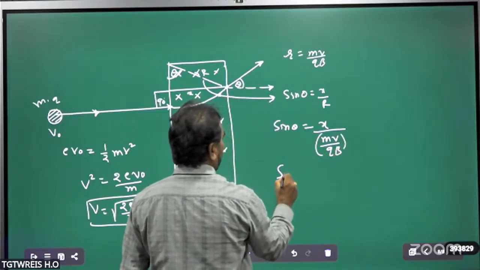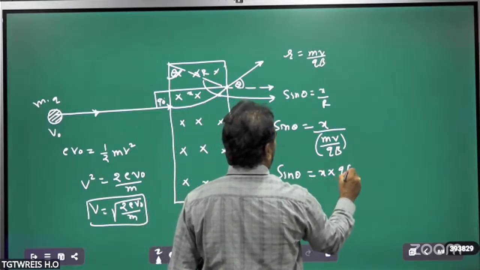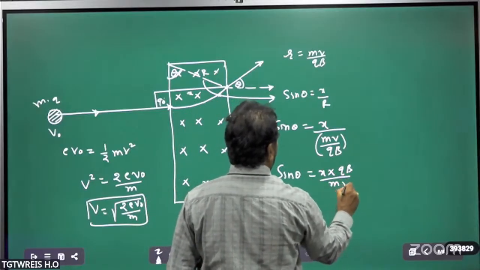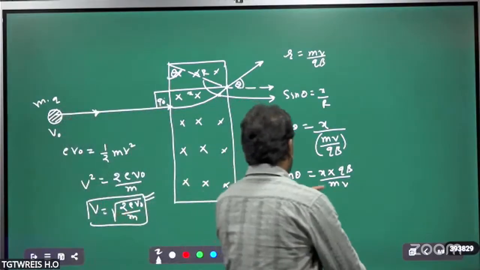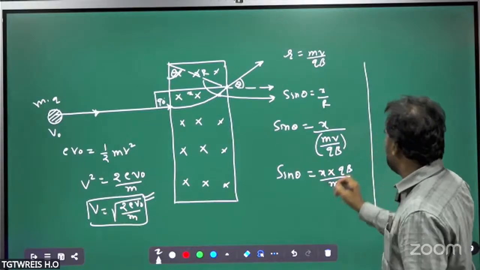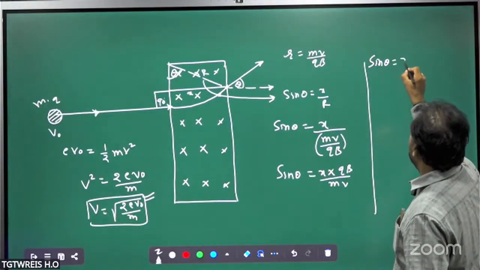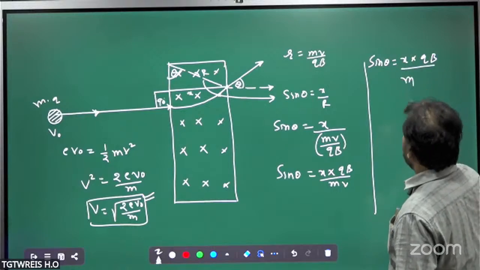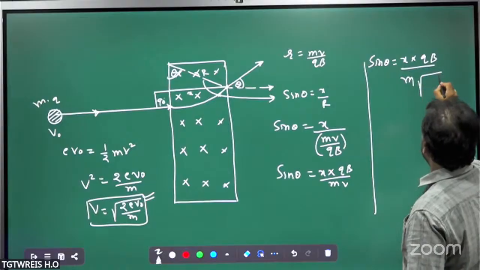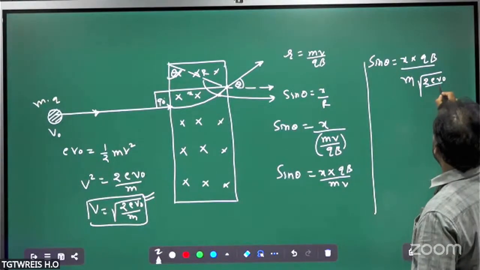And sin theta is equal to x into qB upon mv. But what is the value of v? This is the value of v, no? With this velocity it entered, so substitute that value here. Therefore sin theta is equal to x into qB upon m into root over 2eV0 upon m.